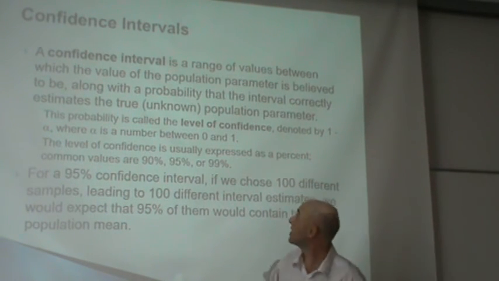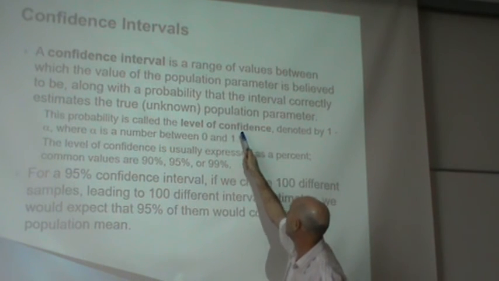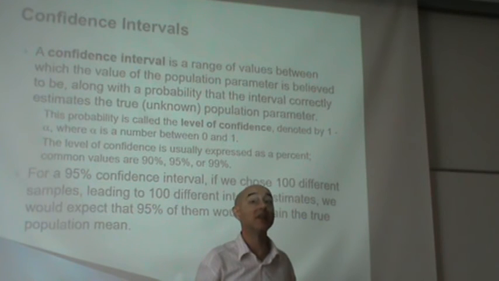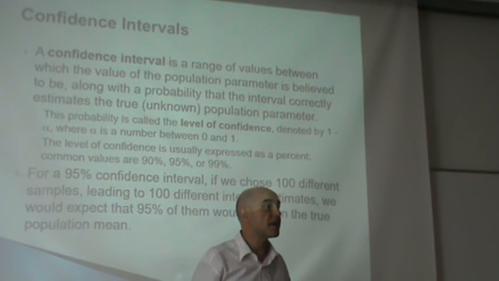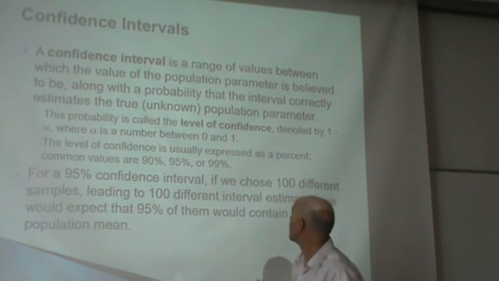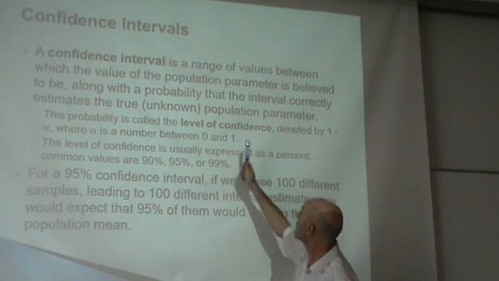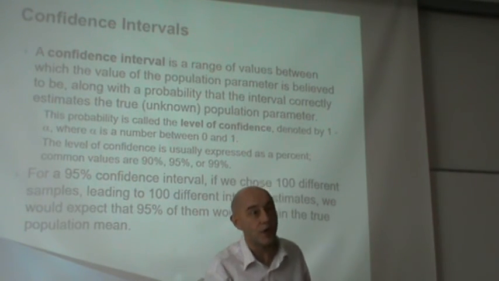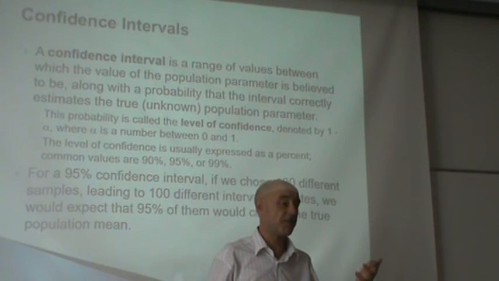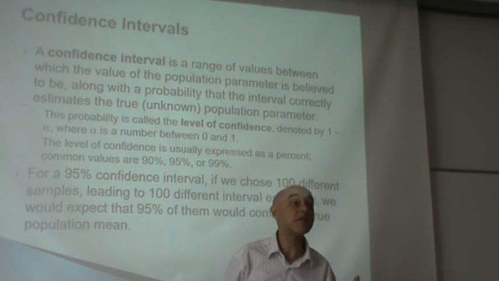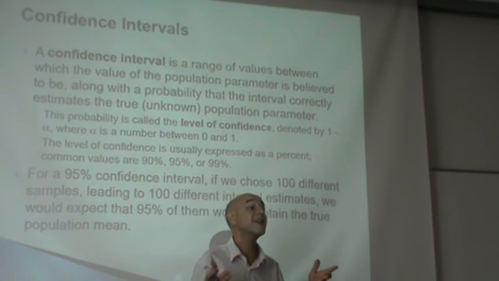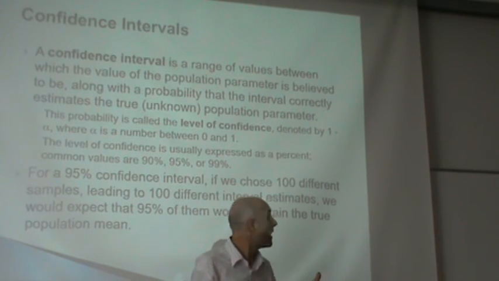That probability is called the level of confidence. And the level of confidence is denoted by 1 minus alpha. So alpha will be, let's say, 5%. The confidence will be 1 minus 5%, giving you 95%.